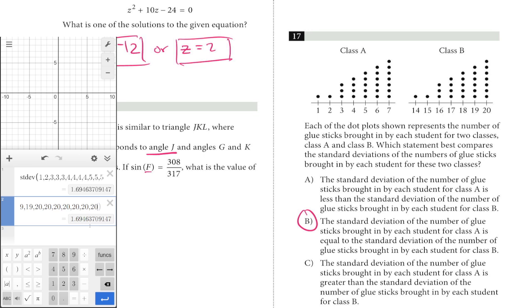So since their dots are spread out the exact same, their standard deviations are the same. The more spread out it is, the larger the standard deviation gets. So here, they have the same spread, so they have equal standard deviations.